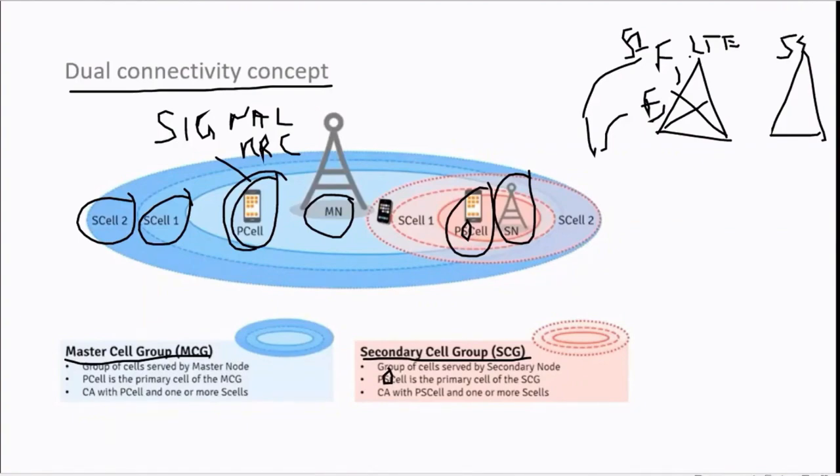So if we have two carriers, maybe F1, F2 here, and two carriers in case of 5G, maybe F3, F4 here, in that case we have four carriers, F1 plus F2 plus F3 plus F4. So we can have carrier aggregation between the four carriers. This is a little bit of a difference with dual connectivity. In case of carrier aggregation only, we have one scheduler, but in case of dual connectivity, we have more than one scheduler. Okay, so this is dual connectivity.